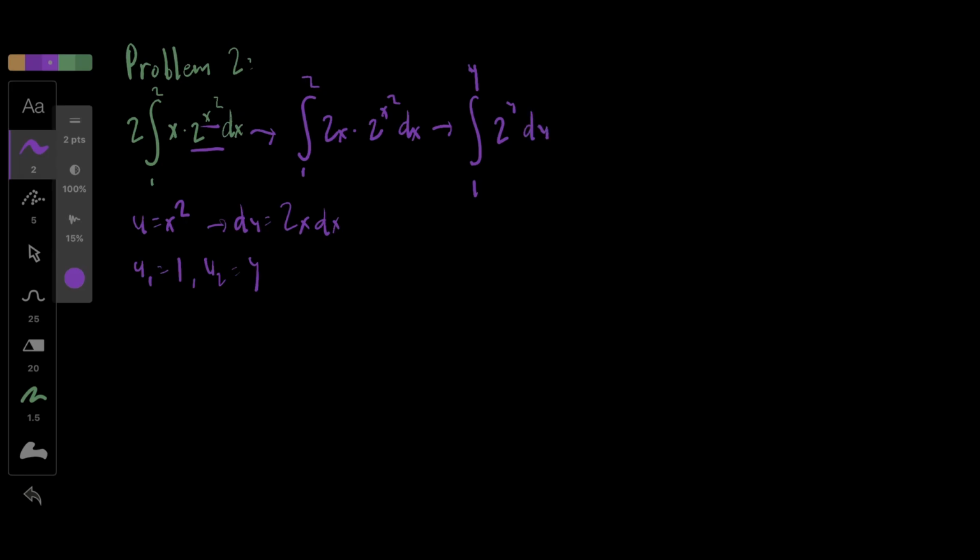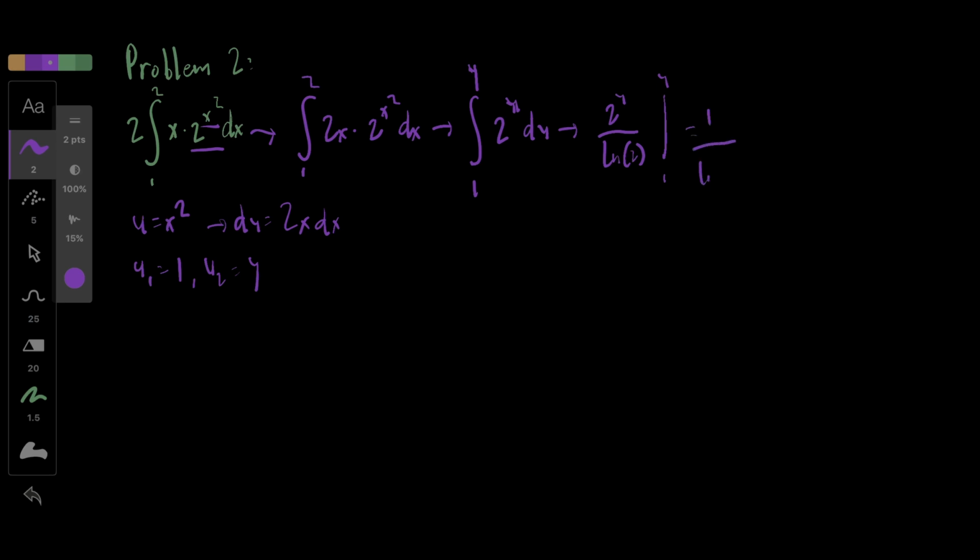Now, by the formula discussed in our last video, which was also proven, this integral 2 to the u becomes 2 to the u divided by the natural logarithm of 2, now from 1 to 4.